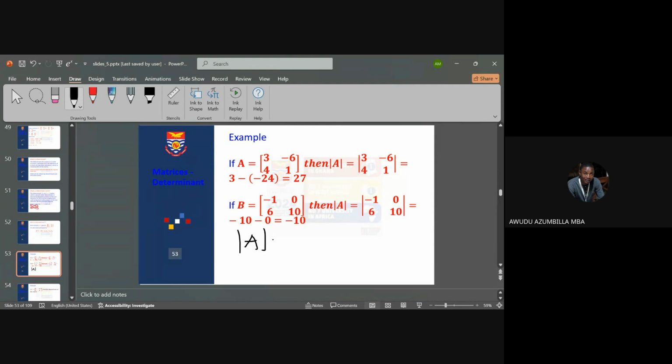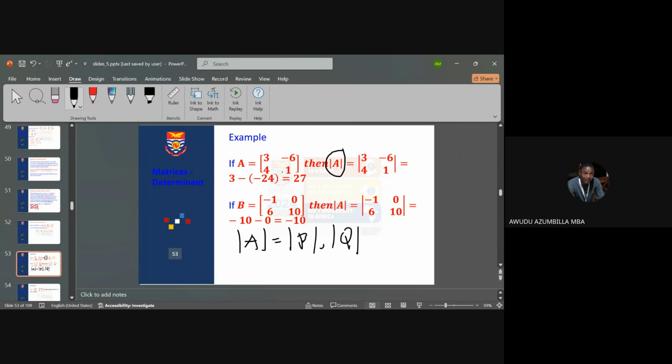So anytime you see this line around a matrix, we are talking about the determinant. How do we find the determinant? We multiply the principal diagonal and subtract the product of the off diagonal.